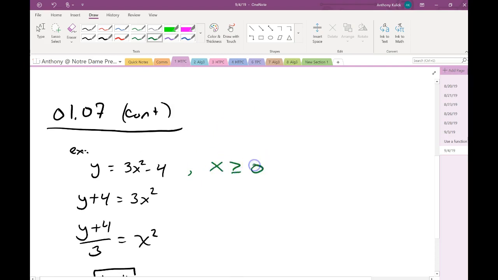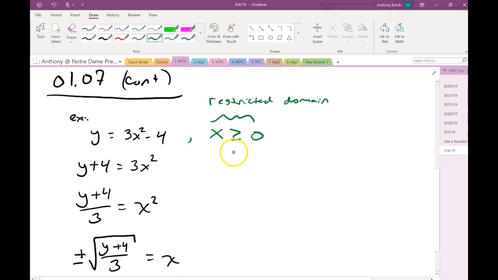So let's say that we are finding this function, but we've restricted the domain to only talking about non-negative x's. So when you're given some other piece of information about the x's, we call that a restricted domain.